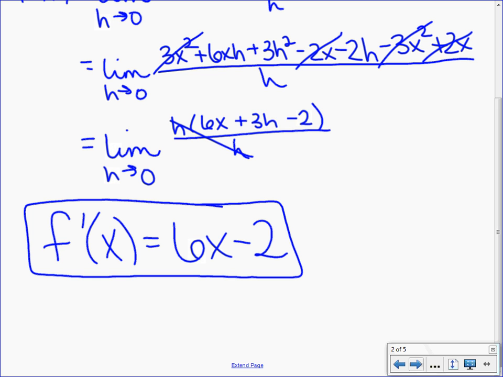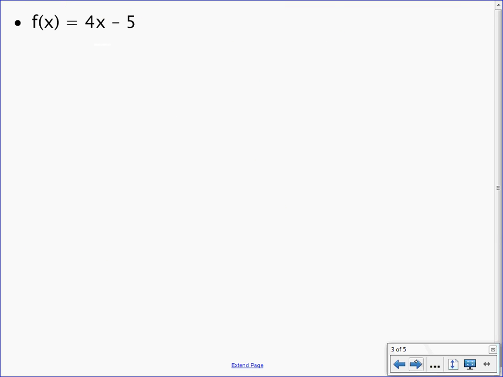We're bringing it all together. What does the derivative represent? Slope at any point.